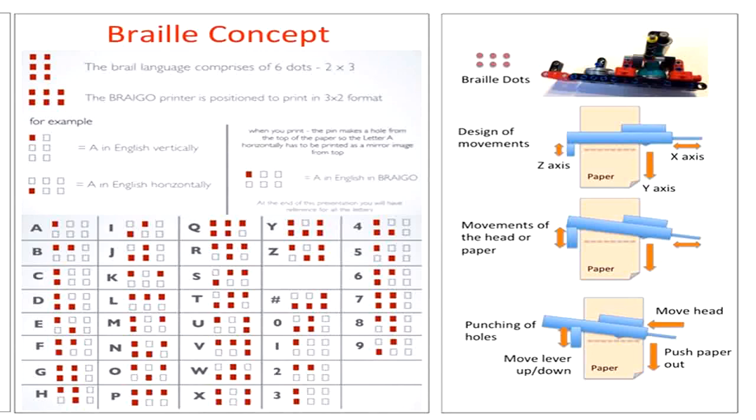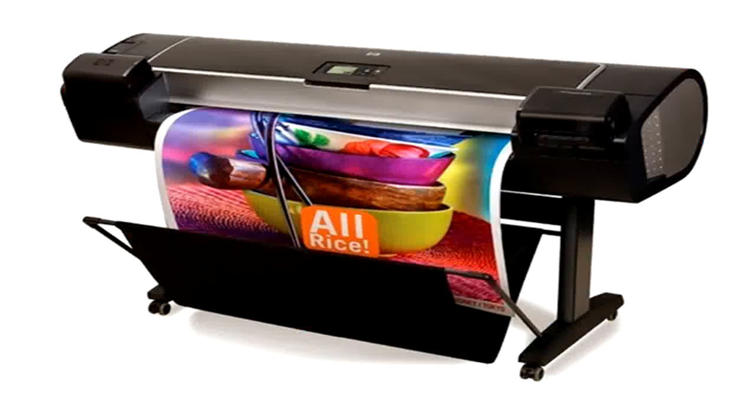The next one is plotter. Yeah, it looks like a small one, but no, it is a big, huge printer. A plotter is a printing device that is used for creating high quality graphics, charts, graphs, tables, diagrams. Sometimes you have seen big flex on the roadsides.